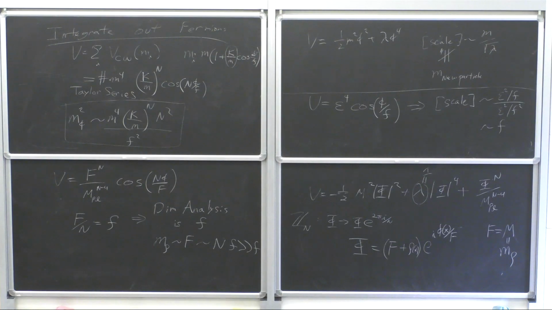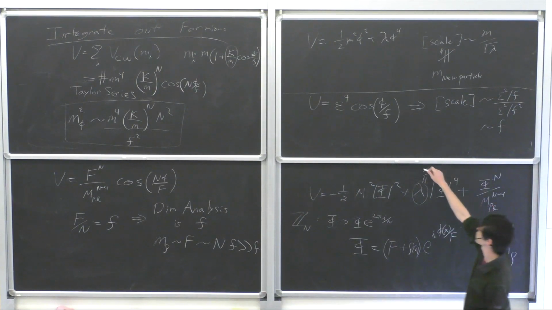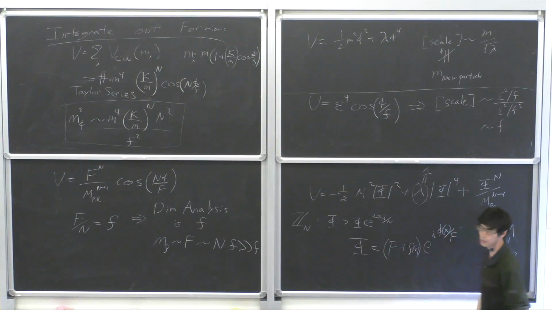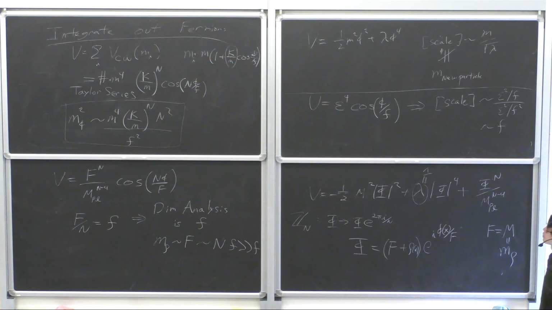Okay, so maybe the simplest example I know of where you can just show that dimensional analysis, the typical arguments, give you a scale. The scale is important, right? You go to field values of f, and you start seeing this thing as cyclic rather than just a m squared phi squared plus phi to the fourth term.